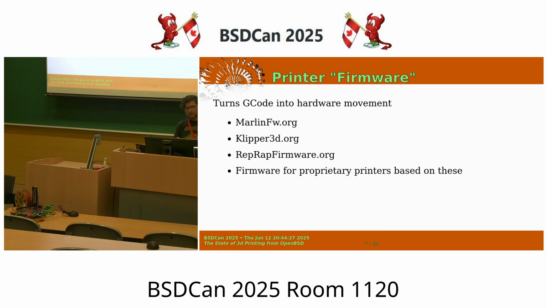Next up here is the printer firmware, and that's not really OpenBSD specific, mostly. Because pretty much all of these are GPL v3, and I'm sure that OpenBSD has compilers, so you can compile the firmware and copy it to the printer and all that.